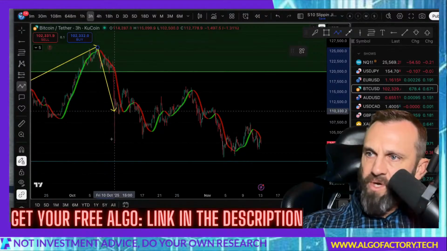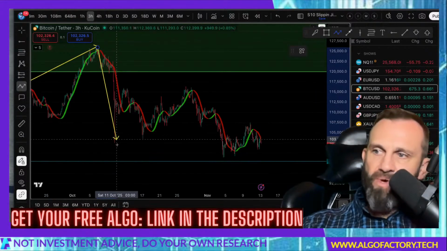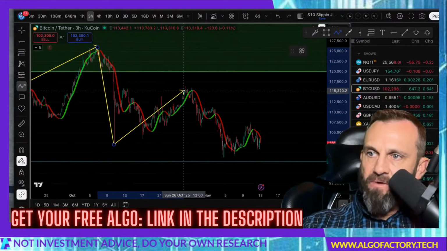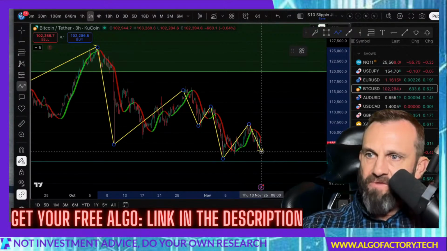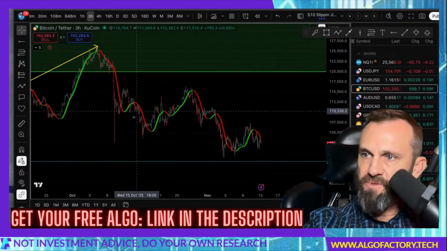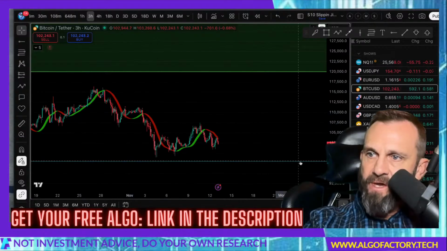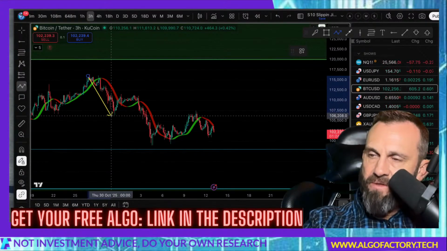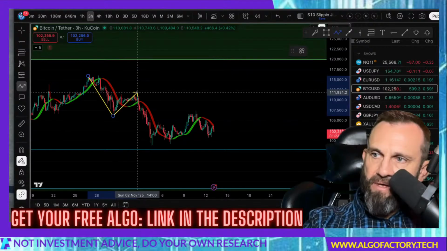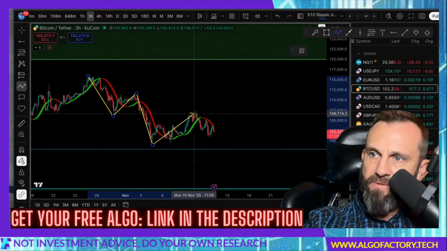You have this wick down. I don't like to ignore wicks per se. Even if you don't, you have this downtrend right here, even in the mid or the short term. So you can ignore all this back here and just look right here. We have a lower high, lower low, lower high.